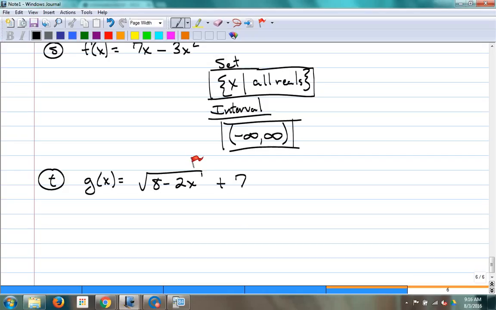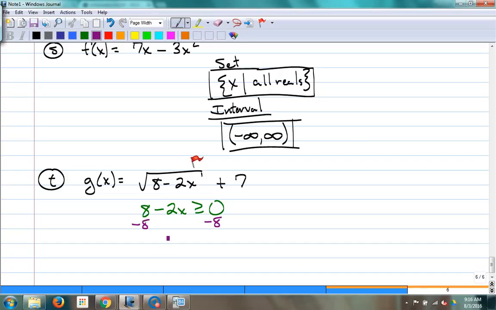Not equal to 0, but greater than or equal to 0. So the inequality part is with the square roots. Okay? So we want that answer that's under the square root to be 0 and positive numbers only. So that's why we set it greater than or equal to 0. Then solve it.